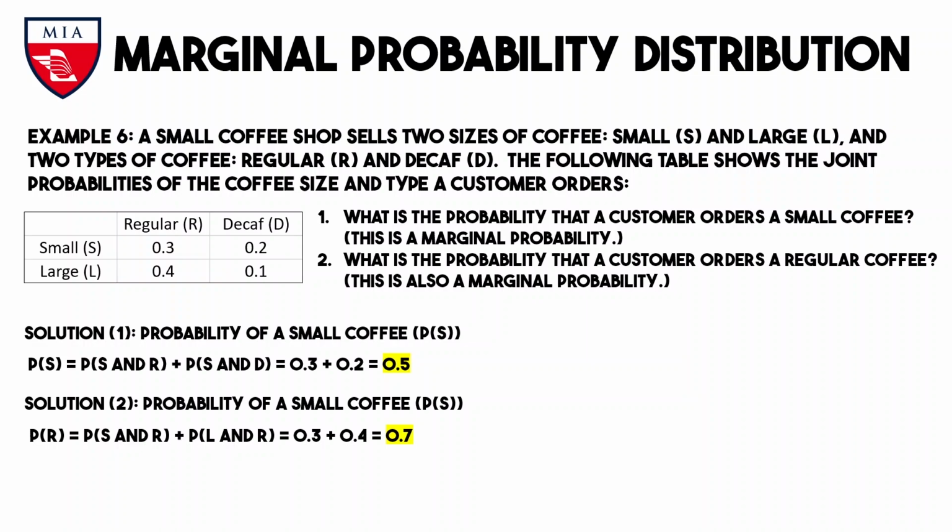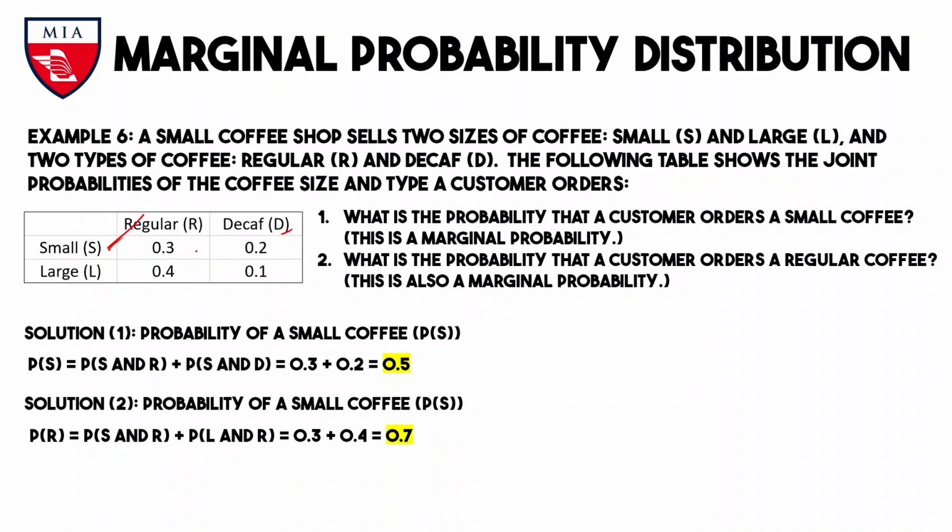So here are the questions. So what is the probability that the customer orders a small coffee? And number 2, what is the probability the customer orders a regular coffee? So in terms of solution number 1, we need to find the total probability that a customer will order a small coffee. So in order for us to get the total probability, we just need to add the probability of S and R, and the probability of S and D, because they intersect with each other.